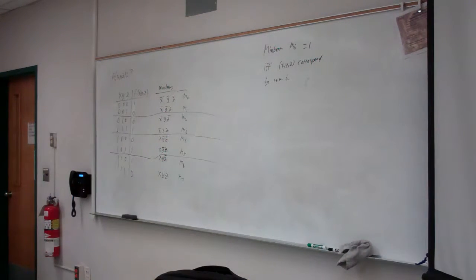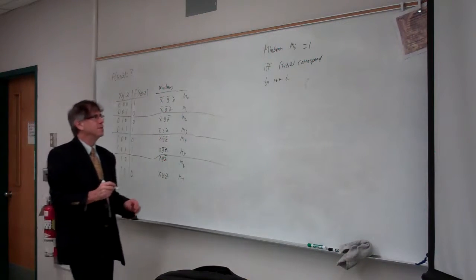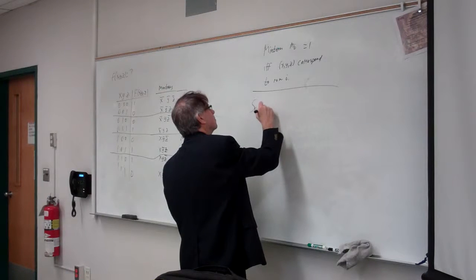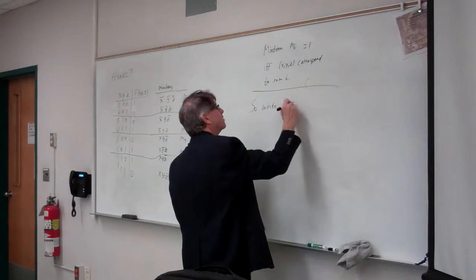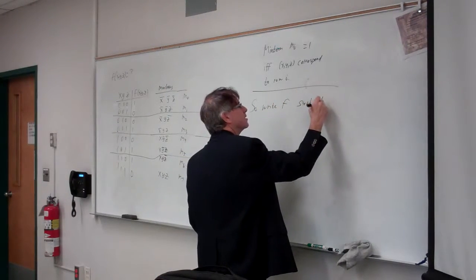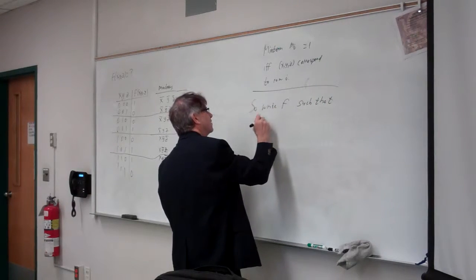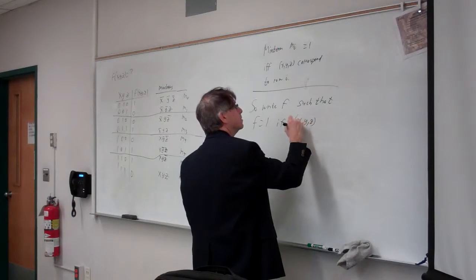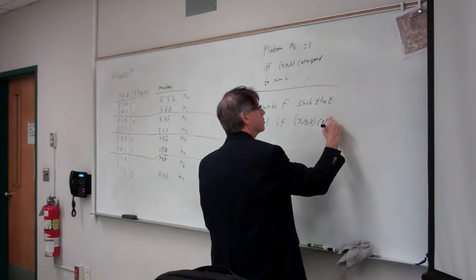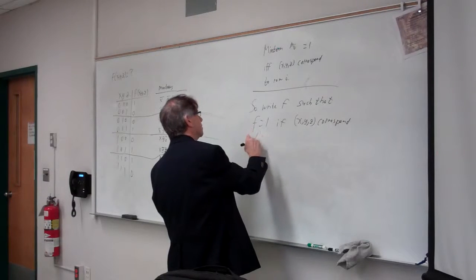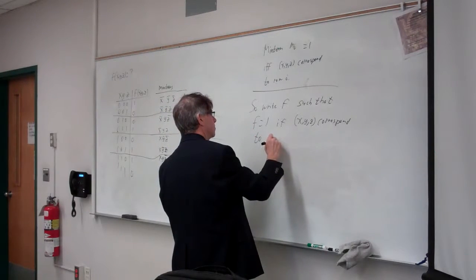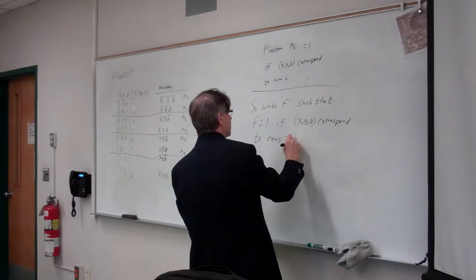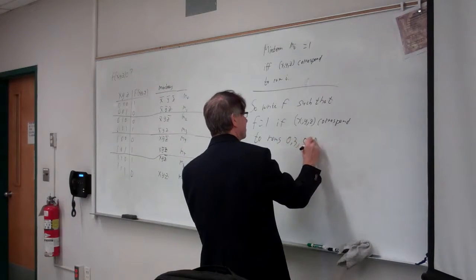So we can use that to write our function f as follows. So write f such that f equals 1 if x, y, z correspond to rows, in this case, I'm going to do rows 0, 3, 5, or 6.